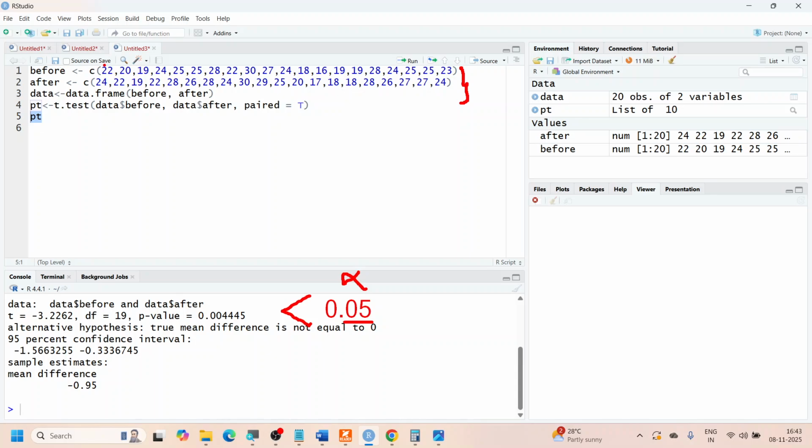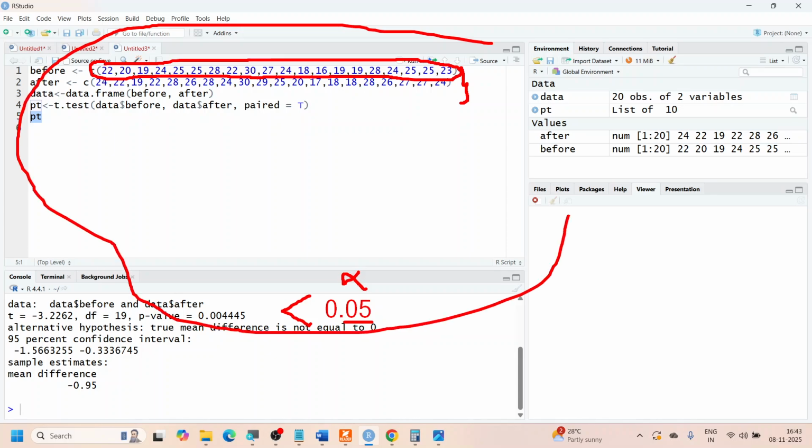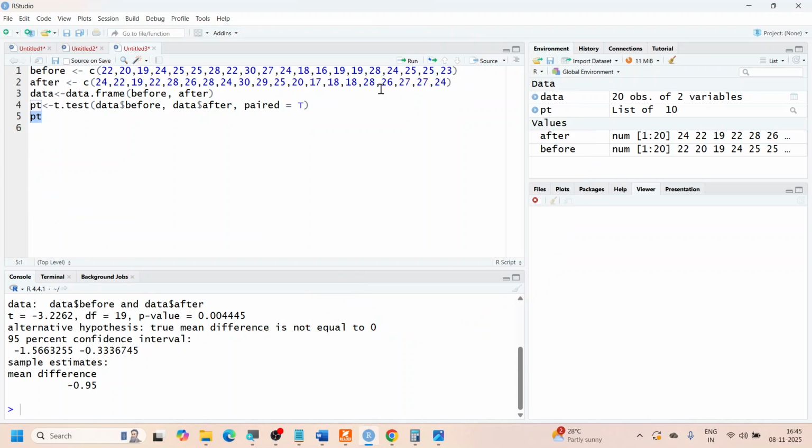The thing is, you are calculating on the samples here. All your calculations are with respect to the sample. Now, these samples may be good, bad, or worst, or anything. But you want to see, you are predicting the value of the entire population with respect to that sample. Our null hypothesis says that whether you give training or not, nothing is going to change.